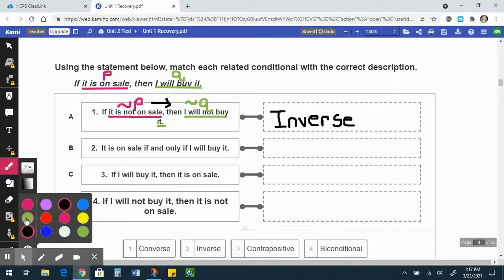Number 2. It is on sale if and only if I will buy it. Now don't check back to A, check back to the original. It is on sale. That is perfect P. If and only if, we'll decide about that in a minute. I will buy it.